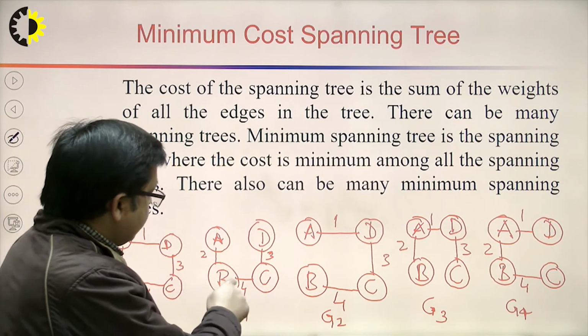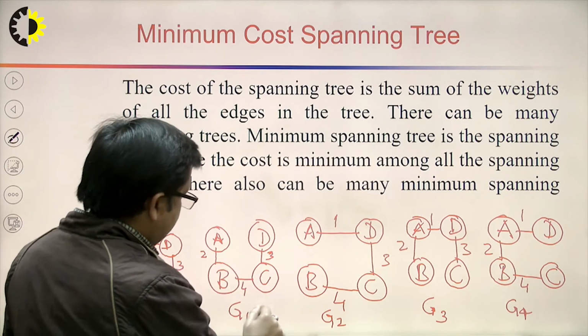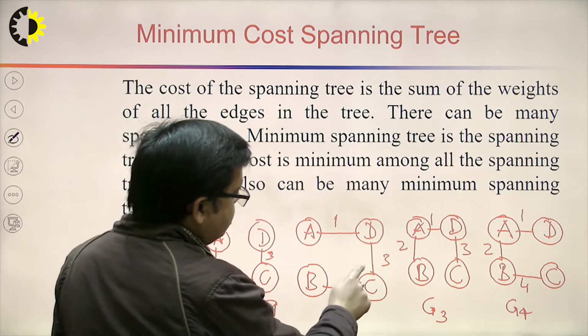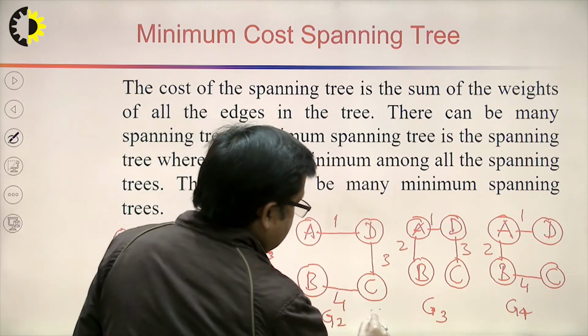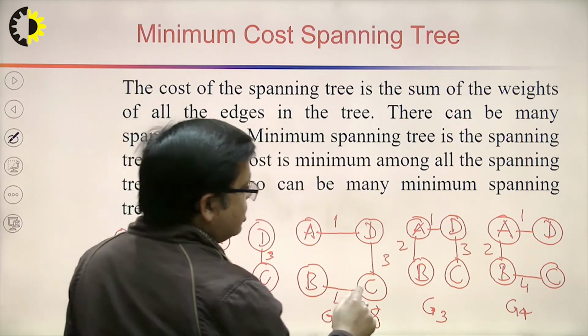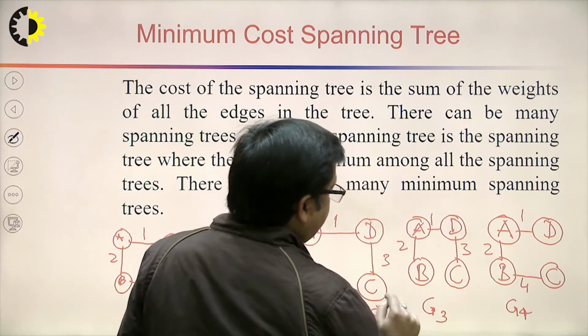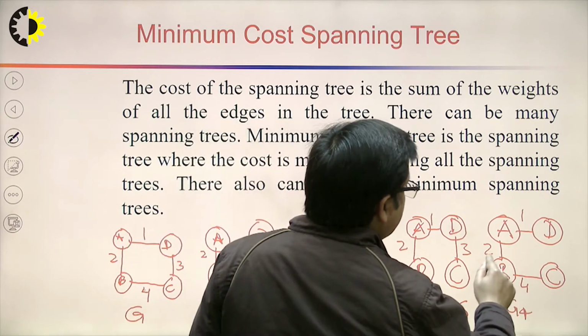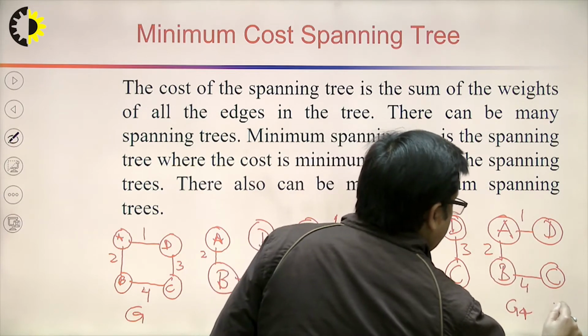The weight of this spanning tree is 4 plus 3 plus 2, 9. The weight of this spanning tree is 4 plus 3 plus 1, this is 8. The weight of this spanning tree is 3 plus 2 plus 1, 6. The weight of this spanning tree is 4 plus 2 plus 1, meaning 7.